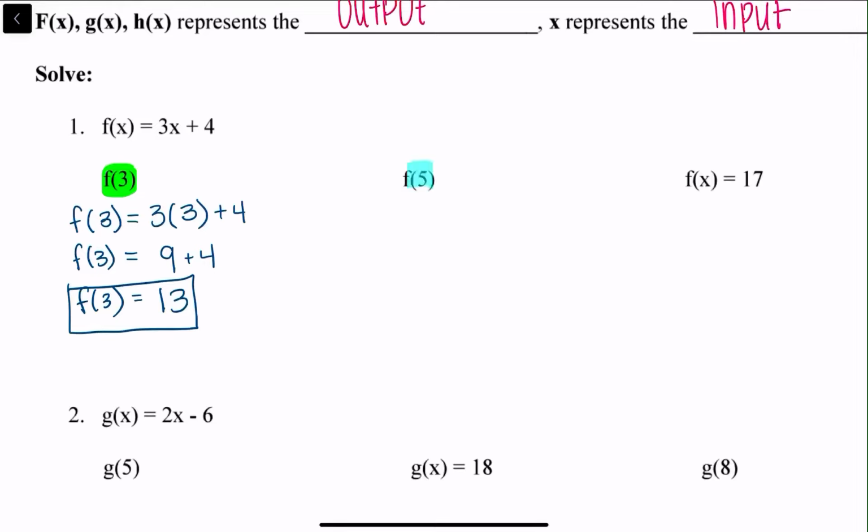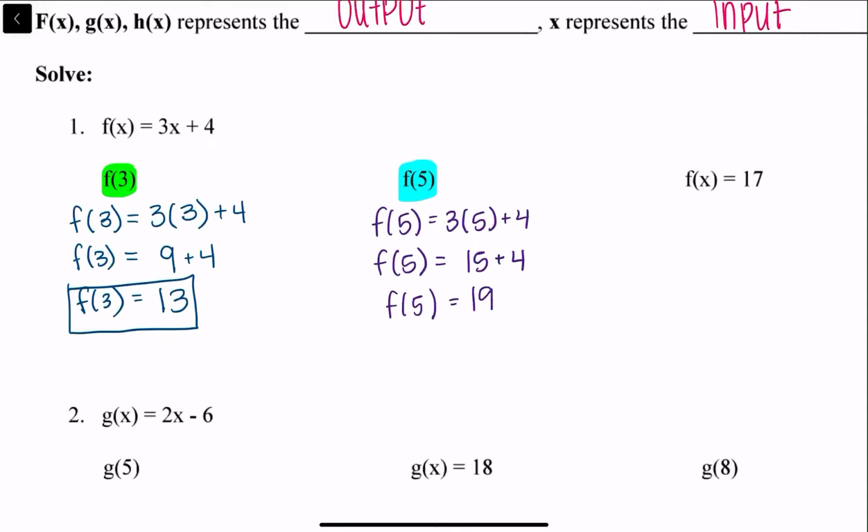Next, we're going to do a similar process, but with f of 5. So I replace my x value with 5, and I'm going to do the same thing within my equation. So I'm going to do 3 times 5 plus 4. And I'll simplify. So 3 times 5 is 15, and 15 plus 4 is 19.